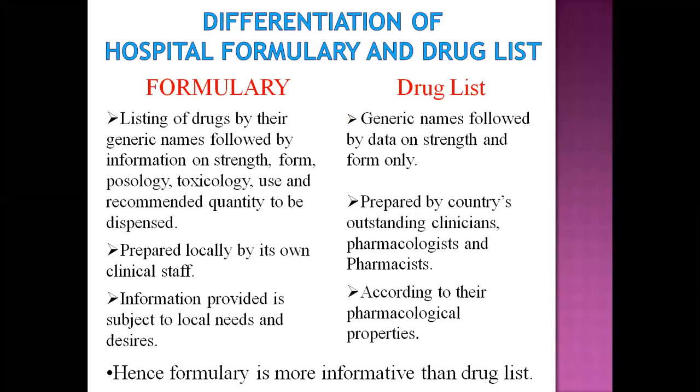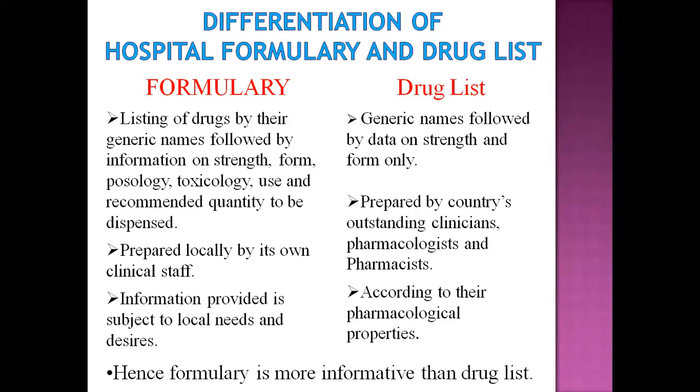But in the formulary, they mention paracetamol, along with the use of the particular paracetamol, along with the unwanted effect of the paracetamol. They are mentioned in the hospital formulary. The major difference is that in drug list, only the list of the concerned drugs and their brands along with the strengths.